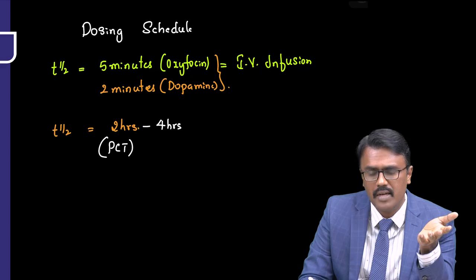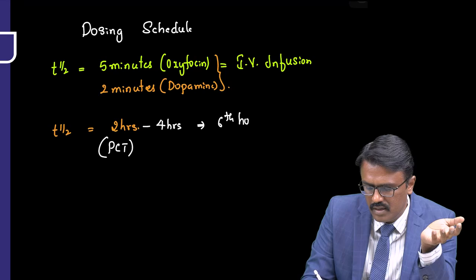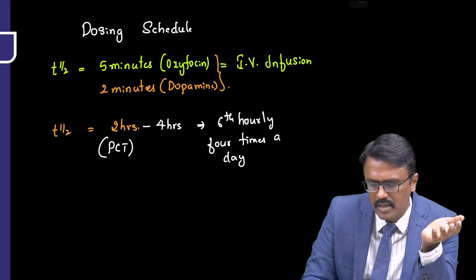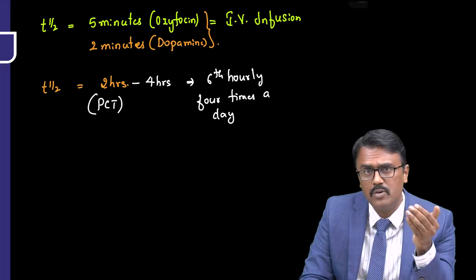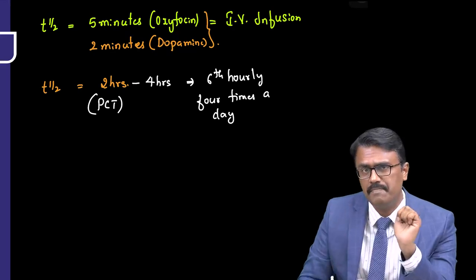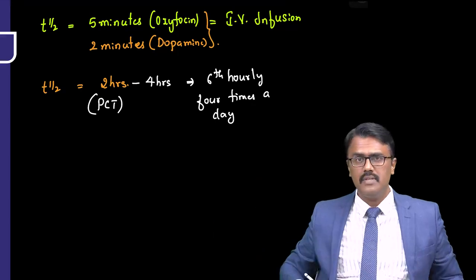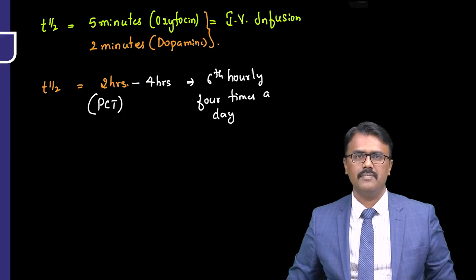By doing that, we can give the drug 6th hourly, which means 4 times a day. That is why, even though paracetamol has a half-life of 2 hours, we double the dose and adjust it so that it is given 4 times a day. Otherwise, with a 2 hour half-life, you cannot give it 12 times a day. Not possible at all. So that's the point.